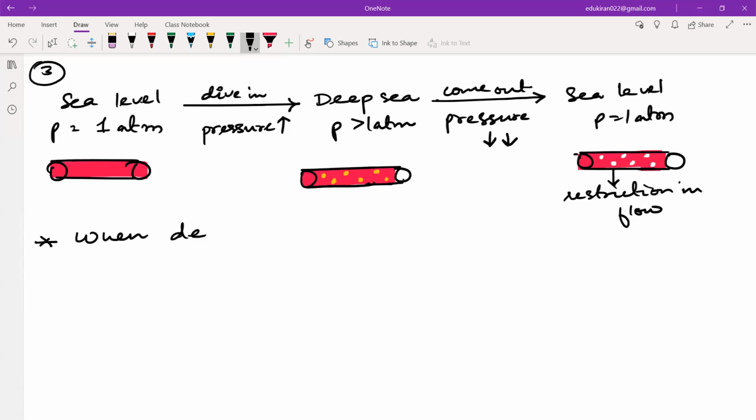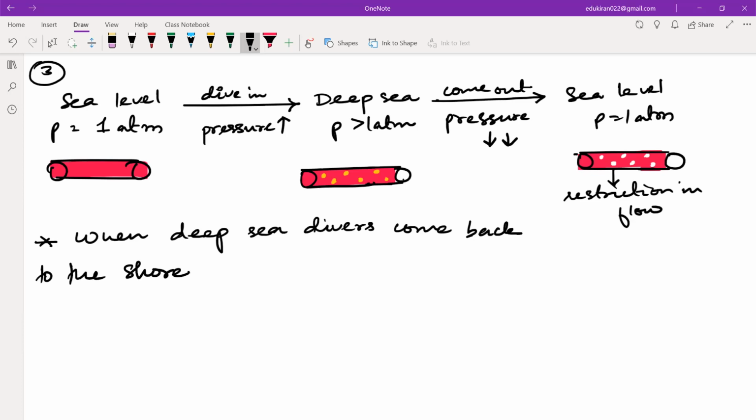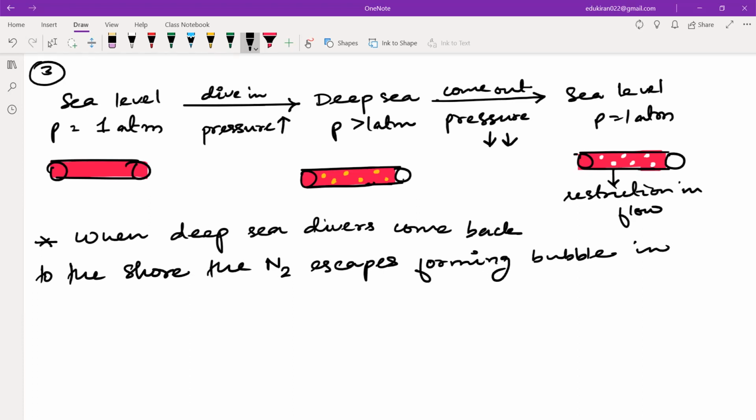When deep sea divers come back to the shore, the N2 escapes, forming bubbles in bloodstream.